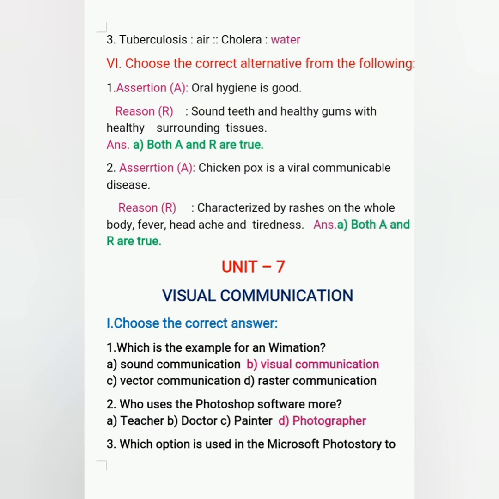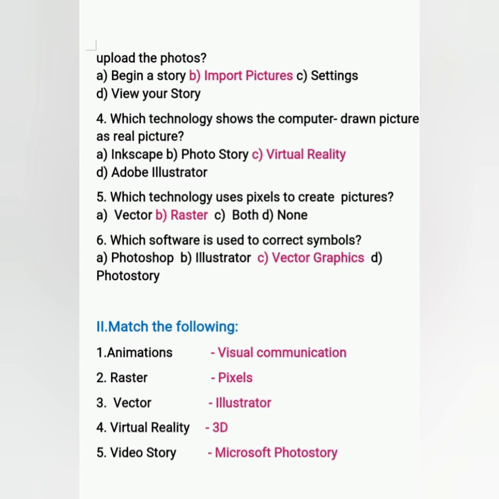The options are teacher, doctor, painter, photographer. The correct answer is photographer. Question number 3. Which option is used in Microsoft Photo Story to upload the photos? The options are begin a story, import pictures, settings, view your story. The correct answer is import pictures.